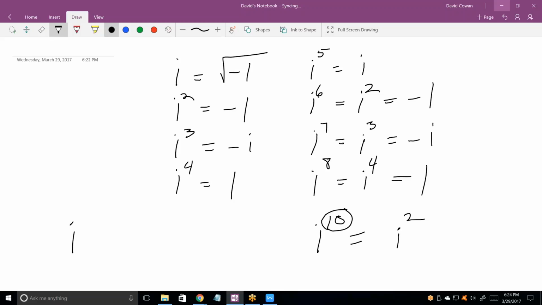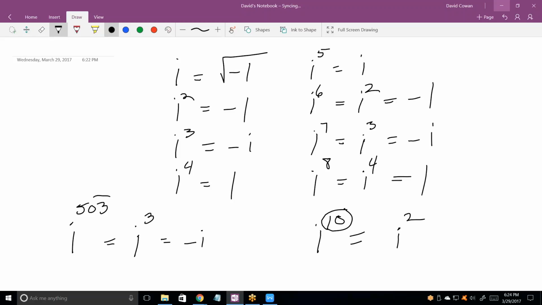If I had i to the 503rd, what's that equal to? -i. Divide that by 4, and whatever your remainder is, that's what the power is. i cubed, which is -i.